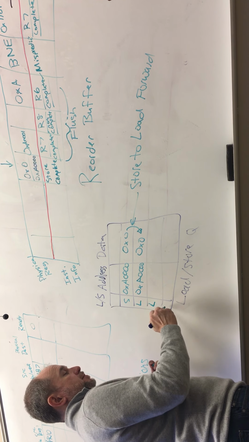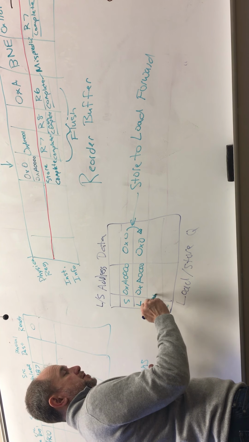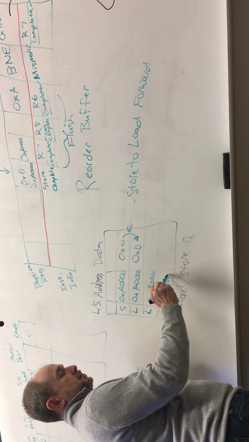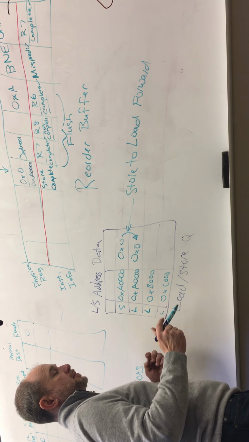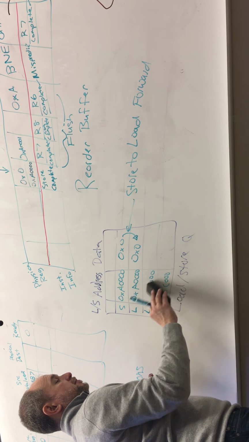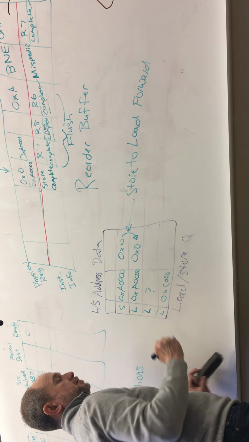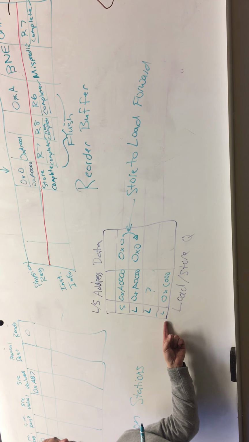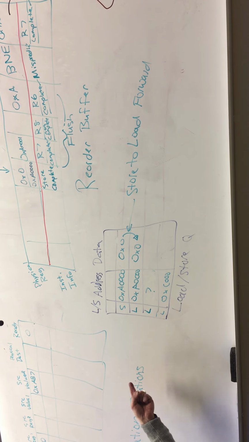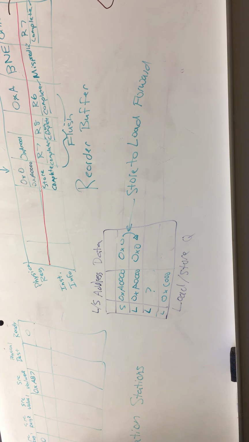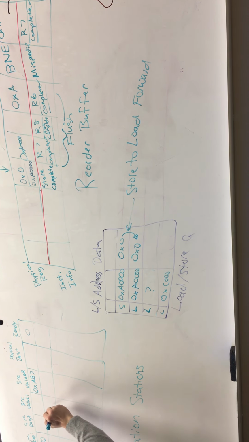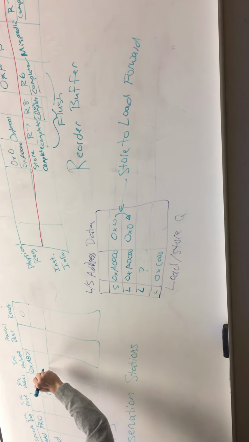But what if I have some other loads? Oh, maybe this is unknown, sorry. Maybe this load I haven't computed the address yet, but this one I have. If this load is in the reservation station and it's got its value, maybe its value is 0.